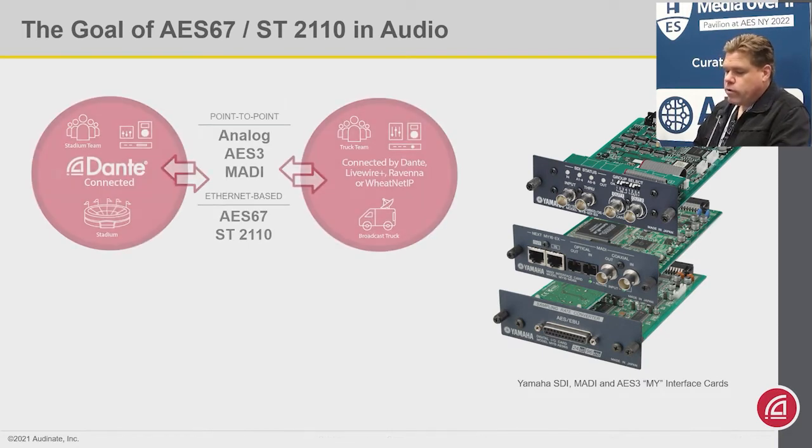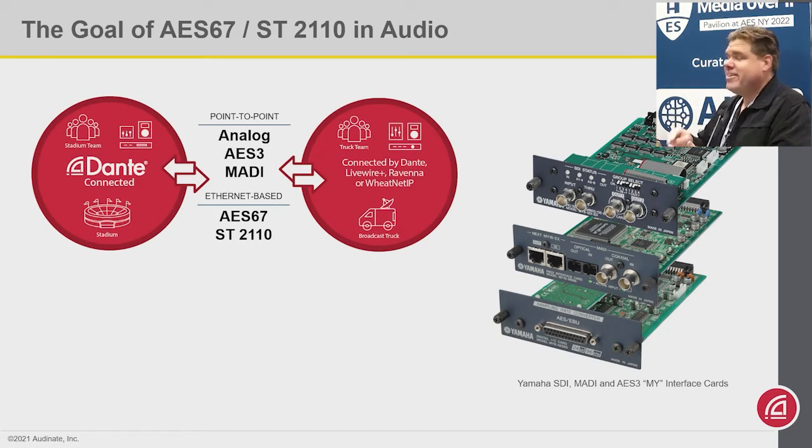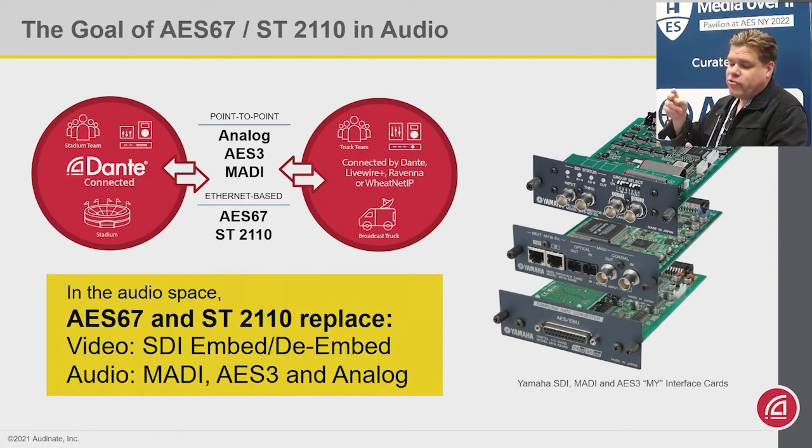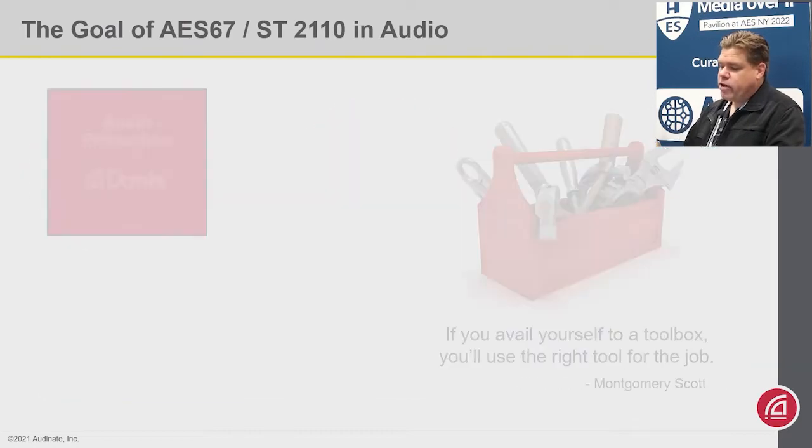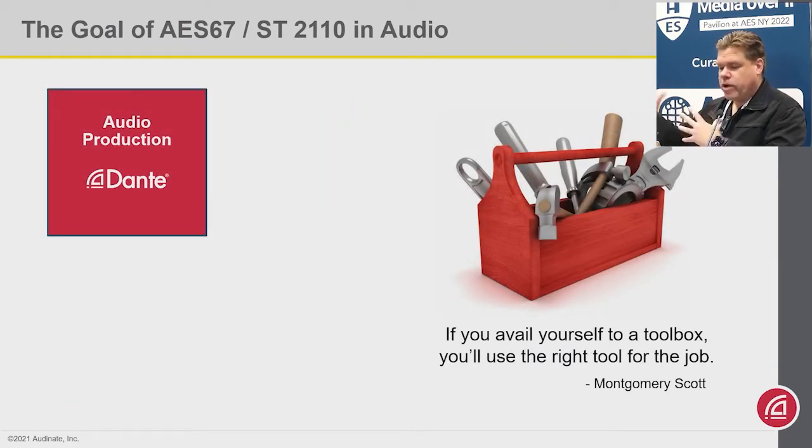And so, if you think about it, AES67 and ST2110 don't replace Dante. They replace your SDI, embed, de-embed devices, MADI, AES3, and analog links. And generally how you look at this in the production workflow is anytime you're getting closer to the sound stage, anytime you're getting closer to capture, that might be more likely to be an environment like a Dante system.